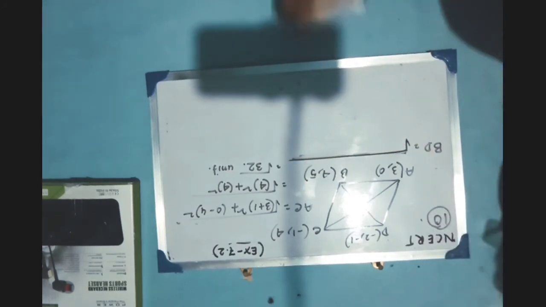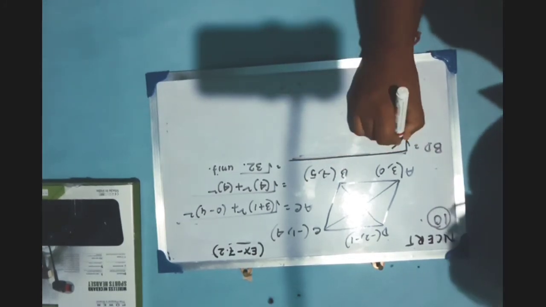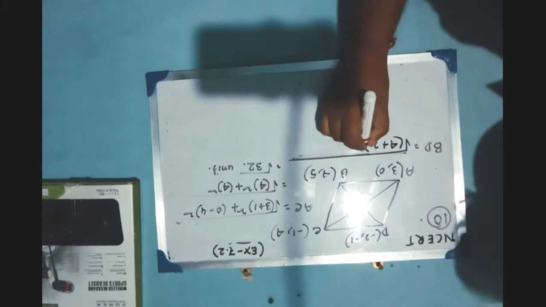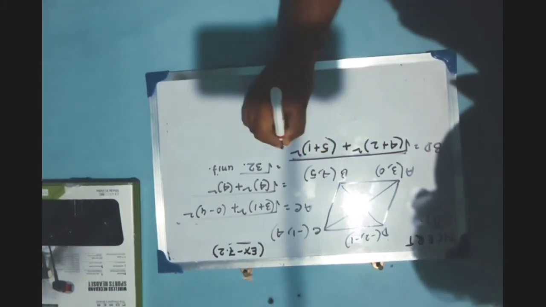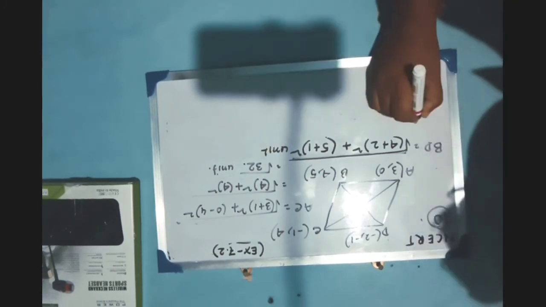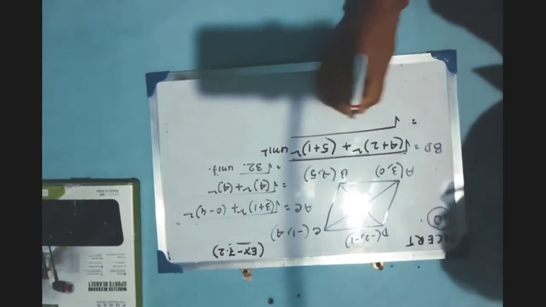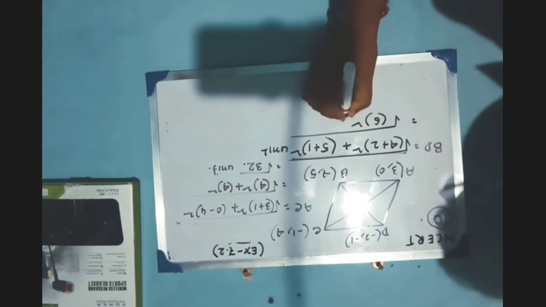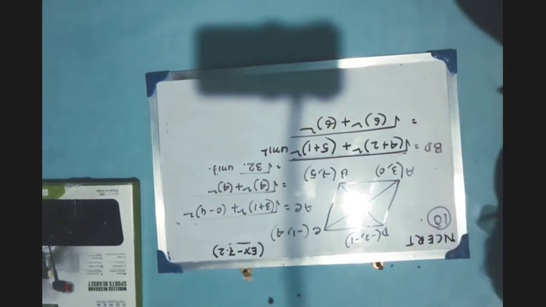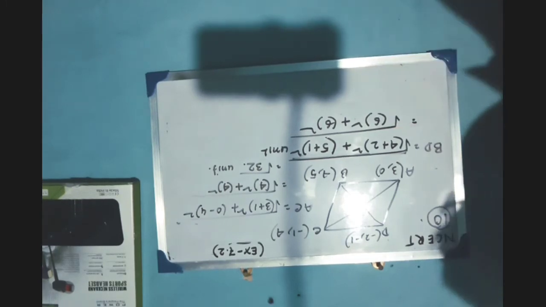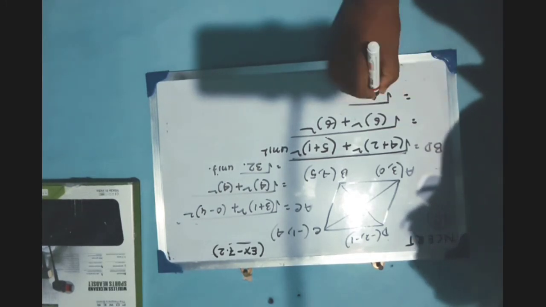BD is equal to root under of 4 plus 2 whole square plus 5 plus 1 whole square units. So that equals root under of 6 square plus 6 square, which is root 72.